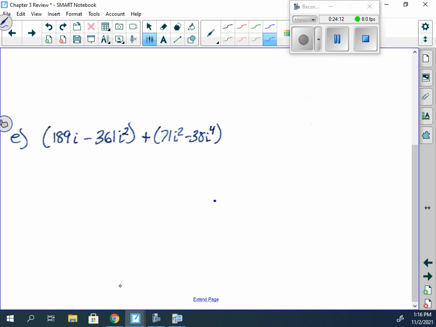if we looked at this here, i squared is negative 1, so that changes that to positive. i to the fourth is just 1. So we have 361 minus 38, 323, 189, oh, and this would be negative 1, so we still need to subtract 71.